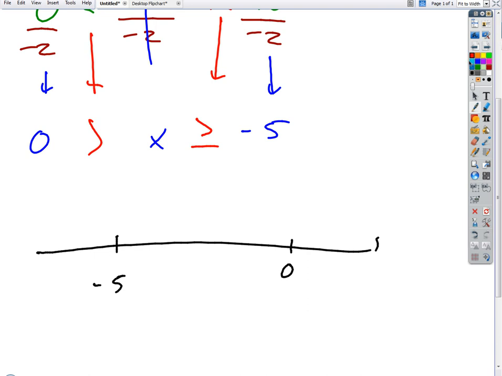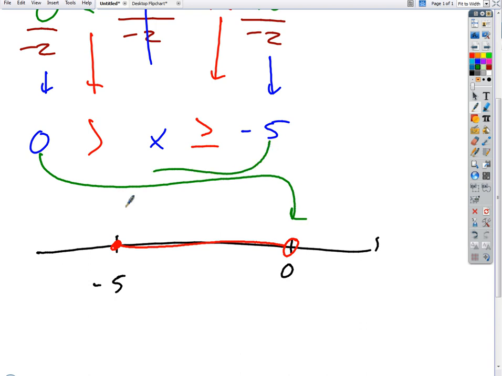I've got closed and open, and it's an and inequality. But notice that I got the numbers crisscrossed again. I don't want that, right? The 0 is referring to the right end point, and the -5 is referring to the left.